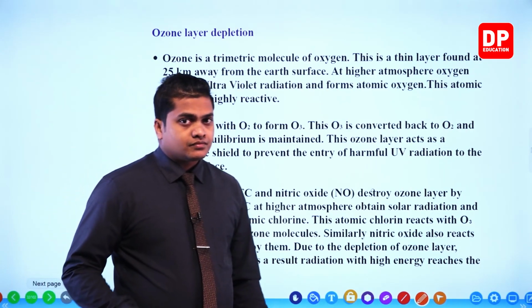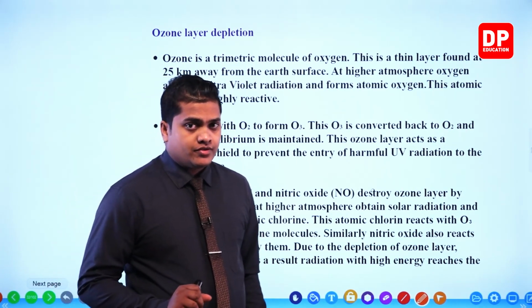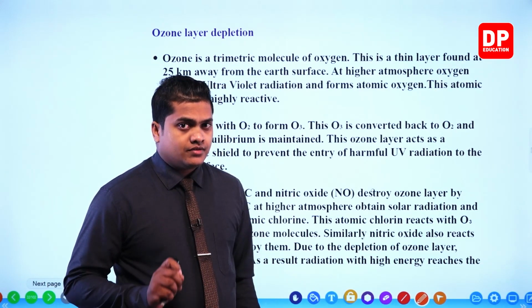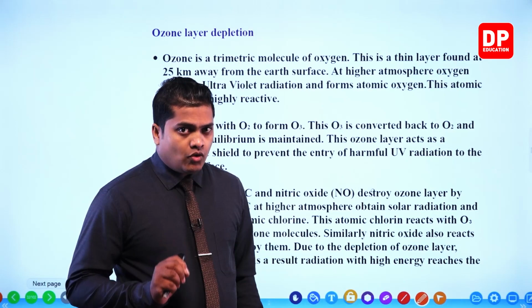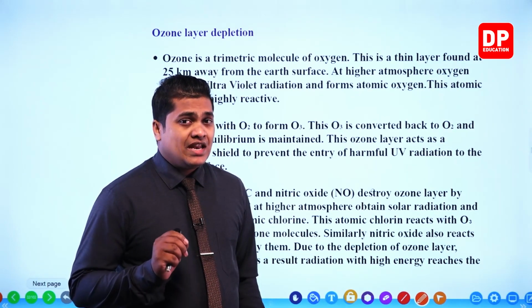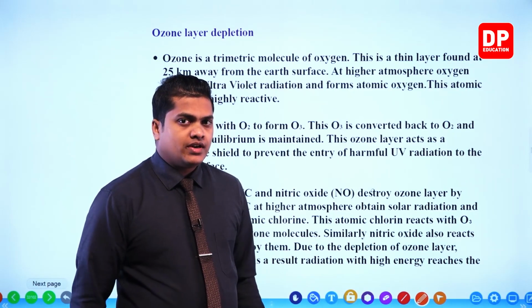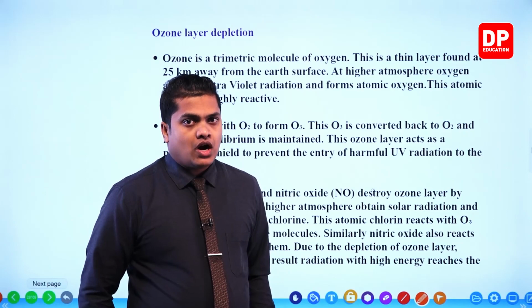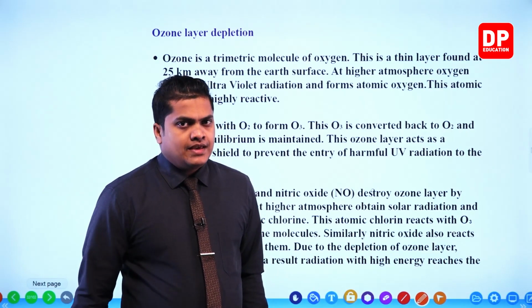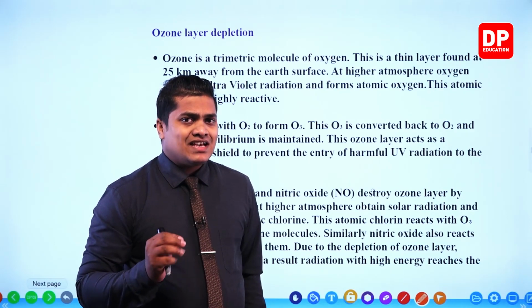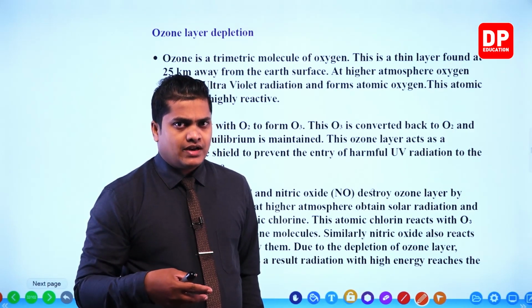To stop the ultraviolet radiation, my dear children, this ozone gas is very important. Ozone layer is very important in protecting us from UV rays or harmful ultraviolet rays. Here what happens is, the ozone gas has the ability to absorb ultraviolet radiation.